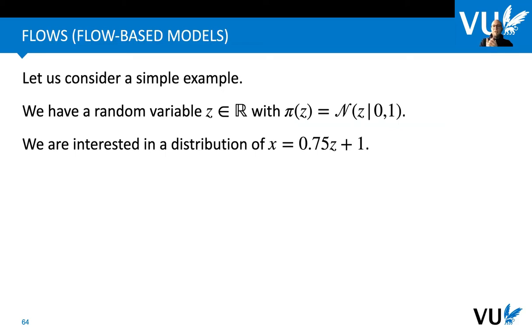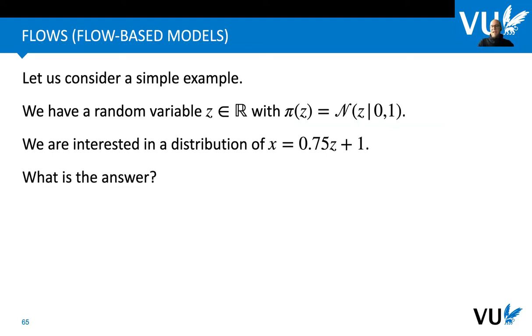And let's say that this is an affine transformation. So we multiply z by some scalar and we add some other scalar. If you are familiar with this kind of transformation for Gaussians, you probably already know what the answer is here. But let us take this step by step.